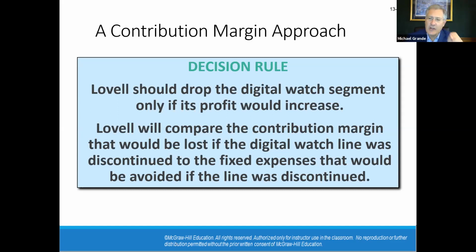If the contribution margin given up is greater than the avoidable expenses, those would be fixed expenses, then you want to keep the division. However, if the contribution margin given up is less than the avoidable fixed costs, then you want to drop it.